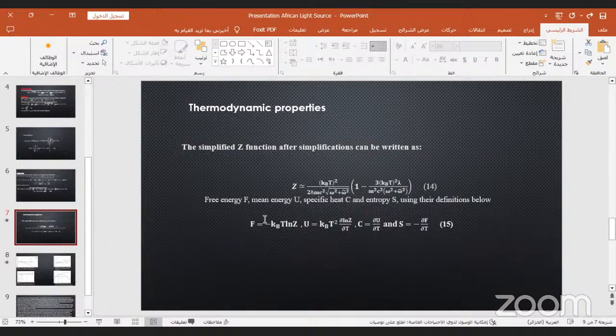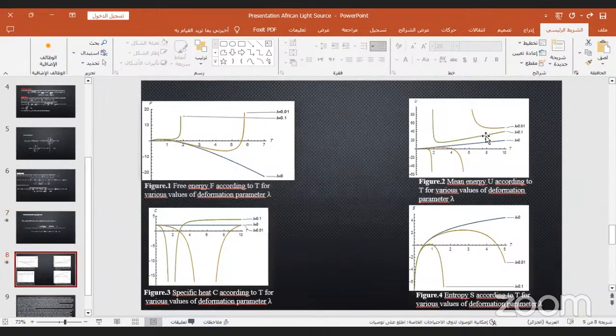So by plotting it with Mathematica software, we can obtain these graphs for figure 1, figure 2, figure 3, and figure 4, where the first figure is the free energy according to the temperature for various values of the deformation parameter.